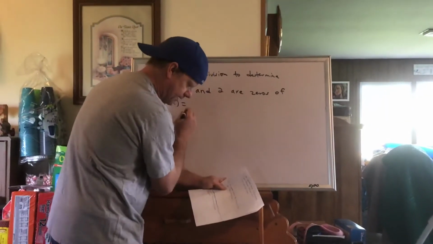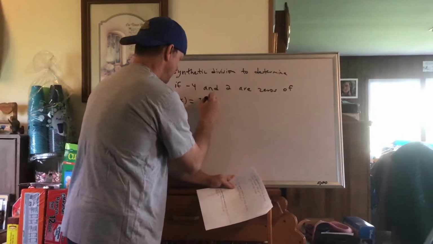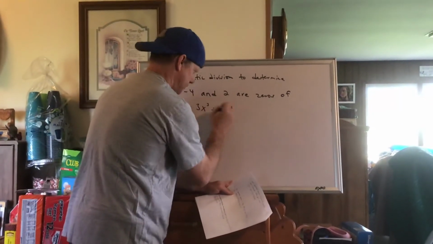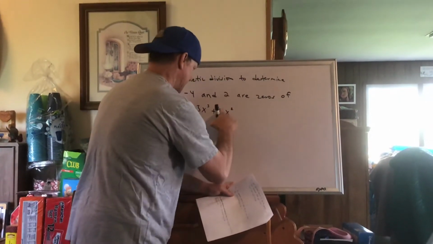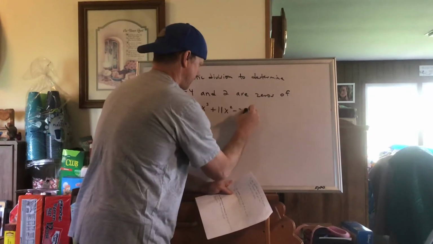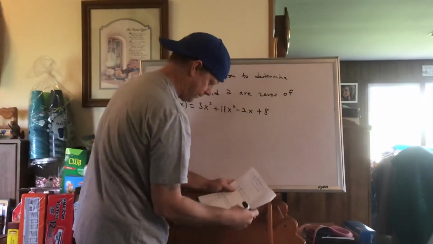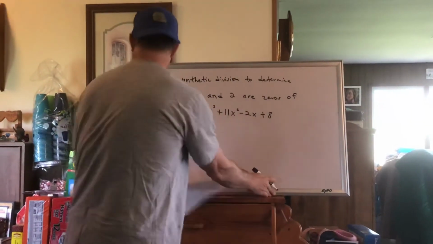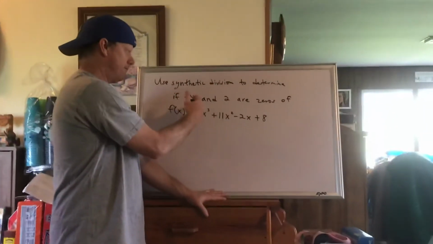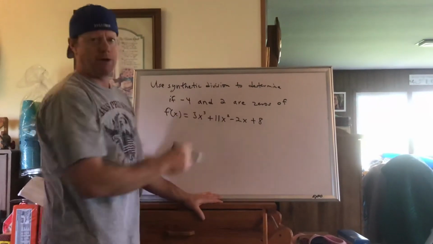And it's 3x cubed plus 11x squared minus 2x plus 8. And then it says, of course, show your work. So use synthetic division to determine if negative 4 and 2 are zeros of this polynomial function.